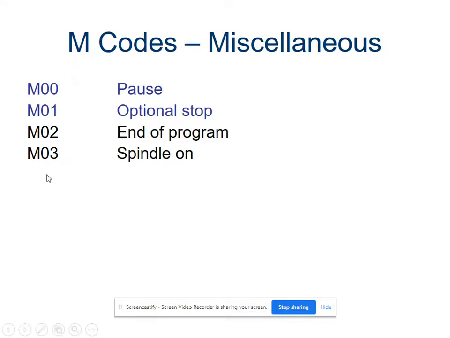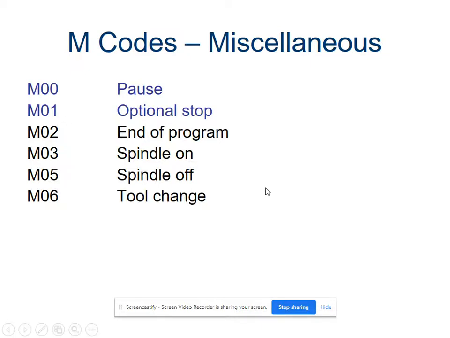M03 turns on our spindle, so it makes the thing spin. That gets used at the beginning of our program. And M05 goes at the end of our program before the M02. So it's M05, then M02. You turn the spindle off and then you end the program.